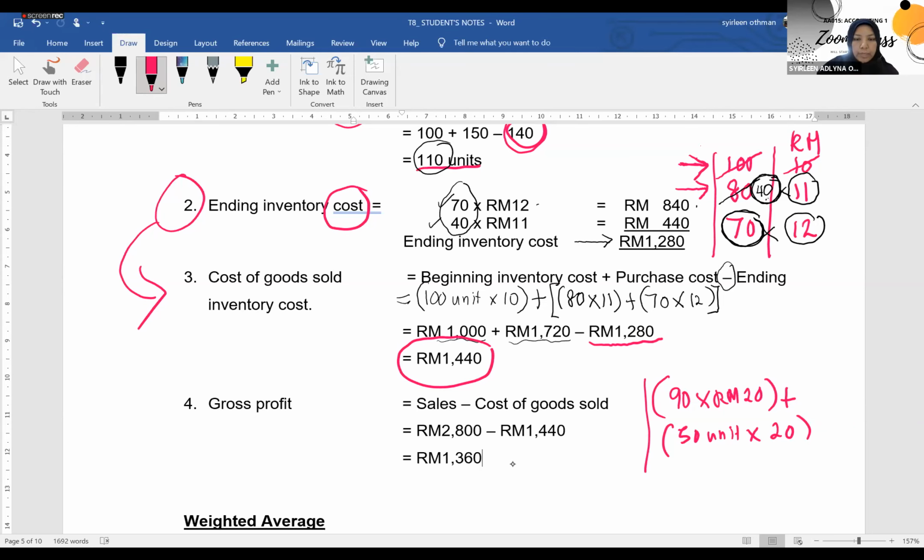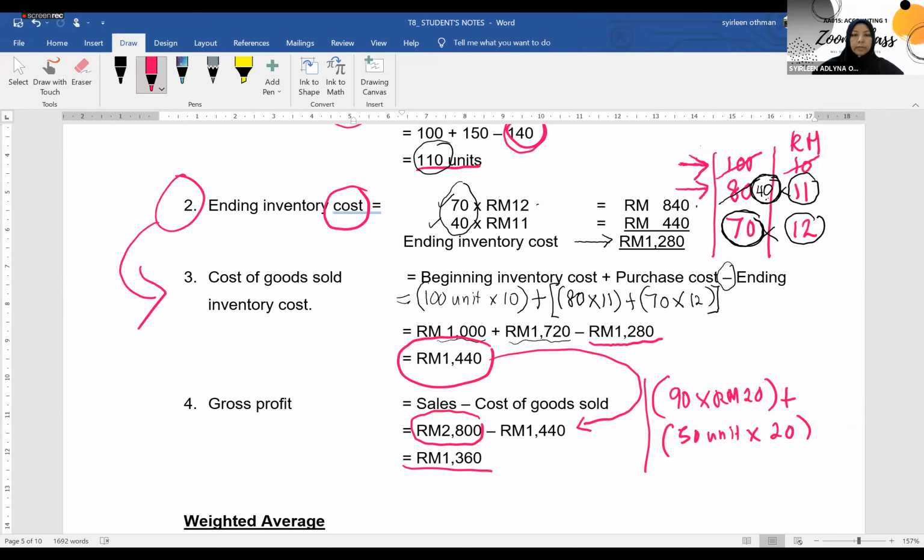That's how you get 2,800 here. Okay, so yang kita kira COGS tadi 1,440, you bawa ke bawah, so we will get our gross profit 1,360. Okay, so that's how we calculate the amount for gross.